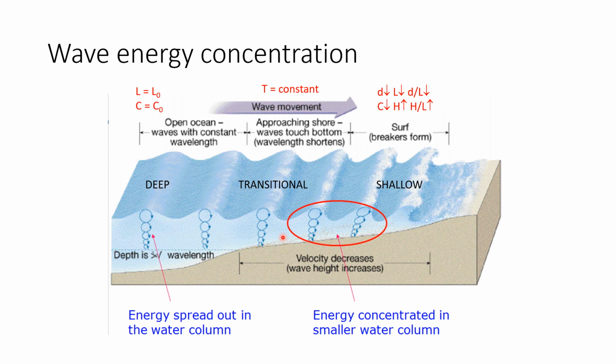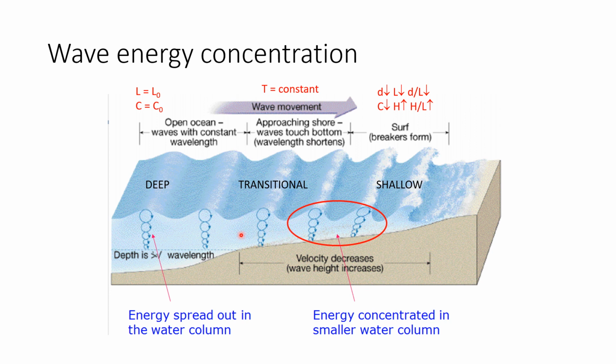Now, this transition from deep water to shallow water is a transition of water depth such that the wave energy becomes increasingly concentrated. And as the wave energy becomes increasingly concentrated in a limited water column and starts to interact with the seabed, that is where the energy dissipation begins to happen.